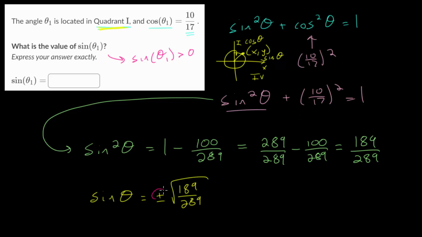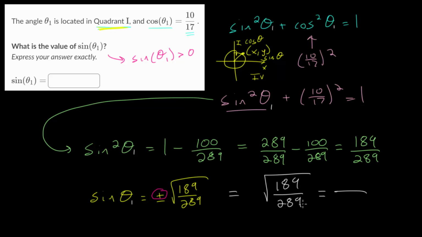So we are dealing with the positive value. The negative value, again, will give us the sine of the angle in the fourth quadrant. So to simplify this, the sine of theta would be equal to the positive square root of 189 over 289.